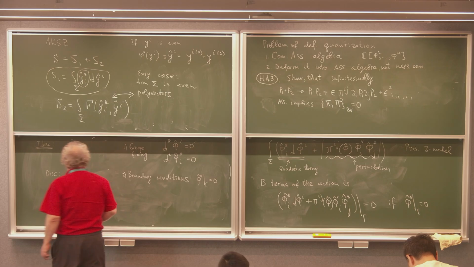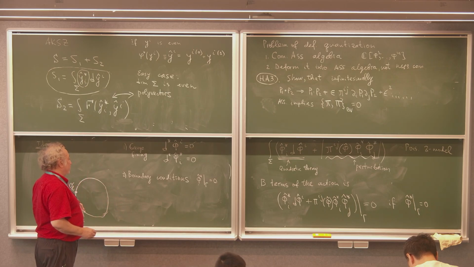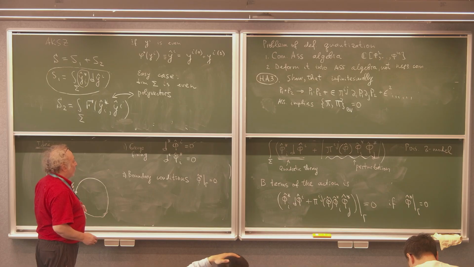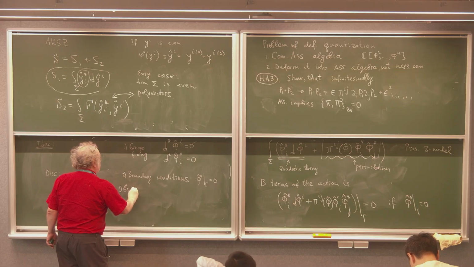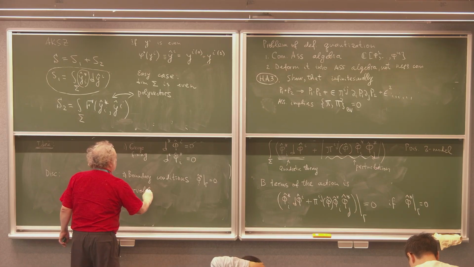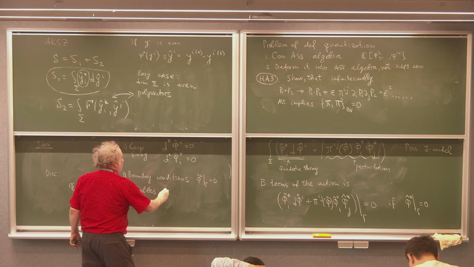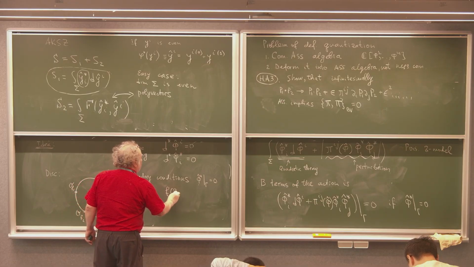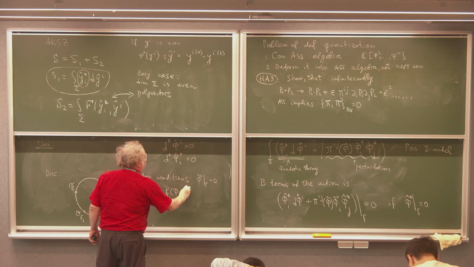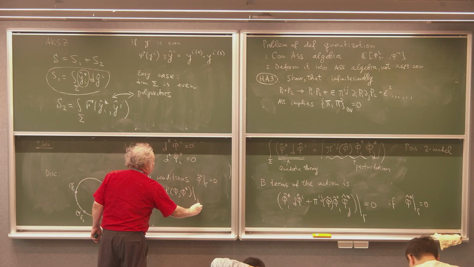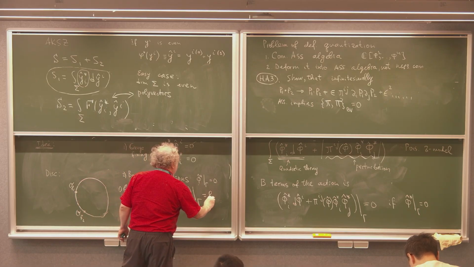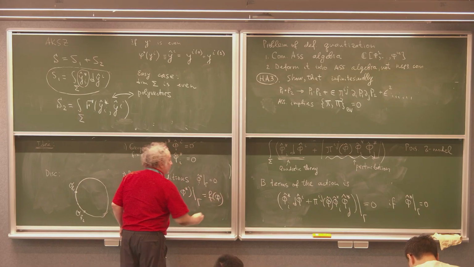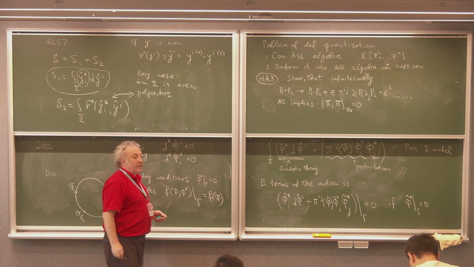Now we are in a nice position, because the observables, which were just functions of phi and phi star restricted to the boundary, are just functions of phi, because phi star vanishes at the boundary.